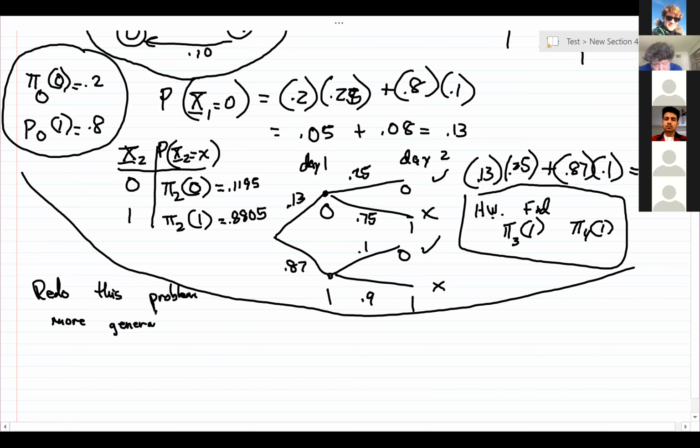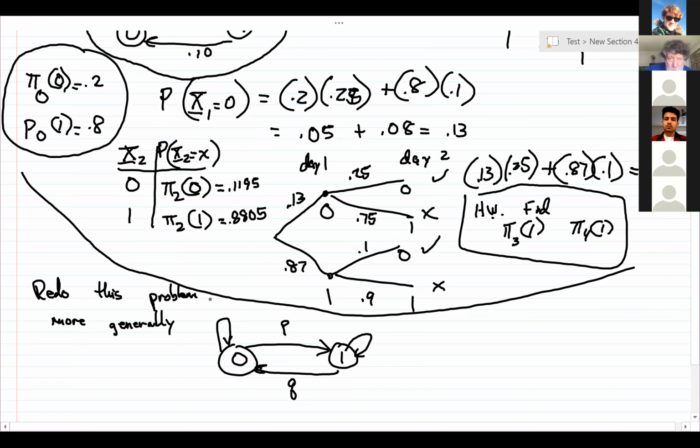Well, what does that mean? The initial transition probabilities are the same. There's an arrow going up, there's an arrow going down. There are two loops. But instead of giving you numerical values, I'll call this one P. I'll call this one Q. P and Q are probabilities, so think of those as numbers between 0 and 1.